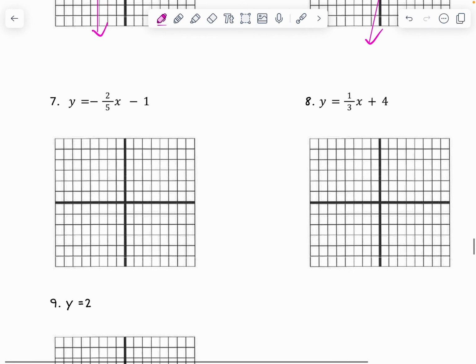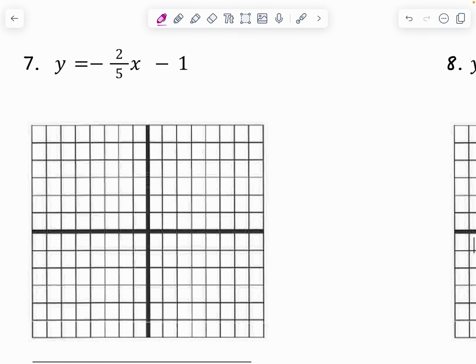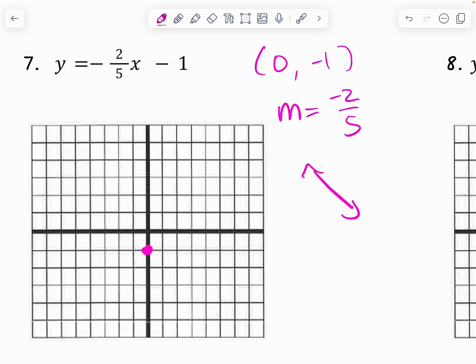Okay. So this one right here, the y-intercept is the number that stands alone, so 0, negative 1. I plot that point. My slope, negative 2/5. So, goes this direction. So I'm going to go down 2.